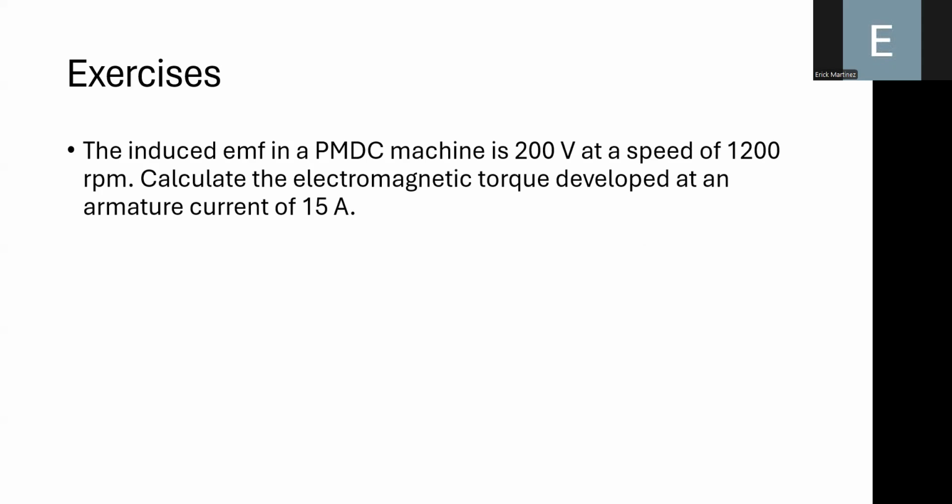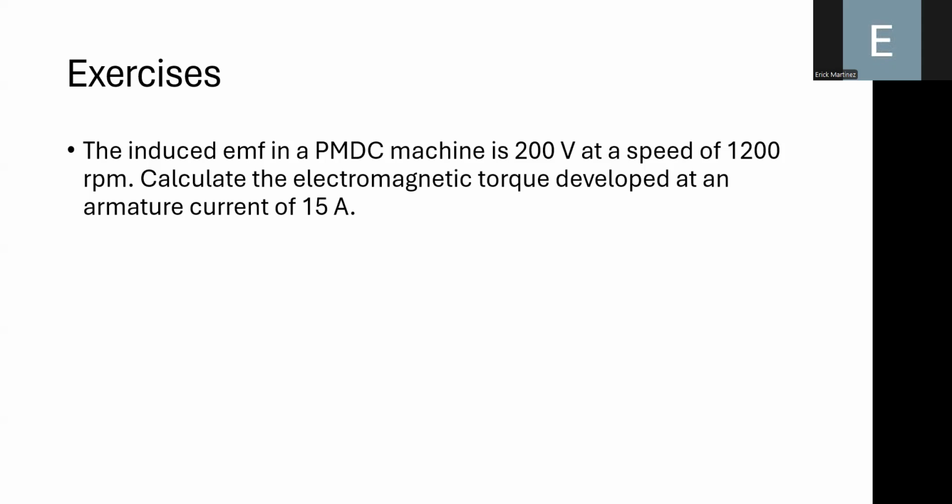Also, they are telling us that the induced electromotive force is equal to 2000 volts. In this case, they are giving us the back EMF voltage. Also, they are telling us the speed of the motor in revolutions per minute, that is 1200 RPM.